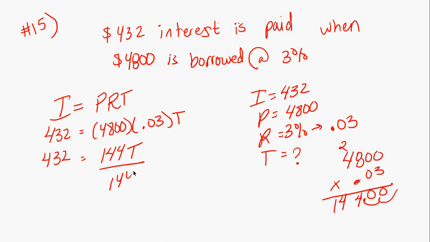To solve for t, we divide by 144. And then when you divide that, you end up with t equals 3. So the time it takes to get to that point is 3 years.